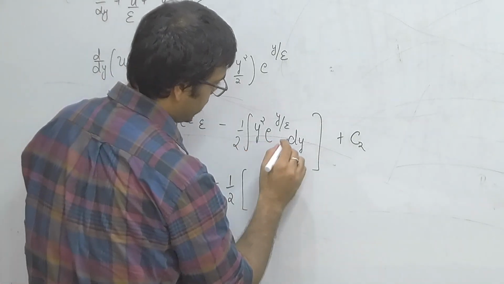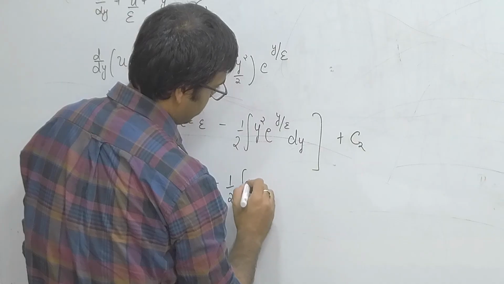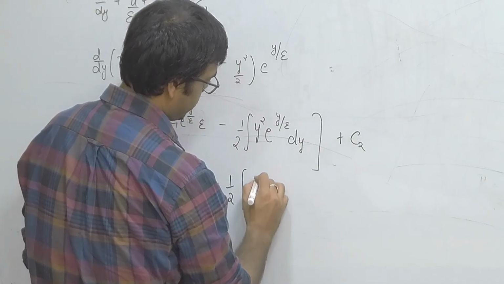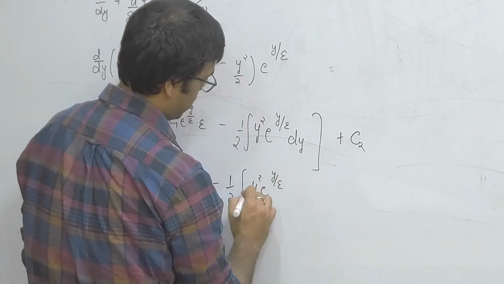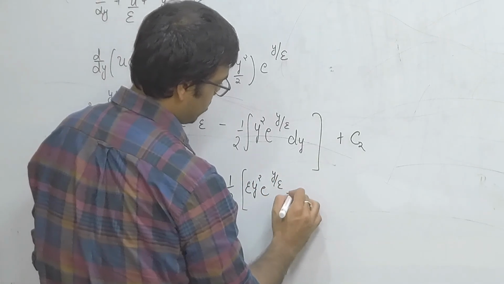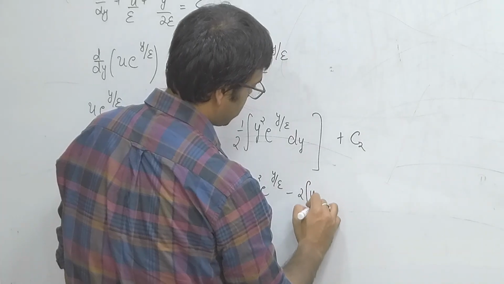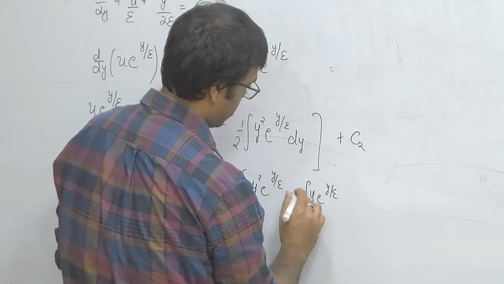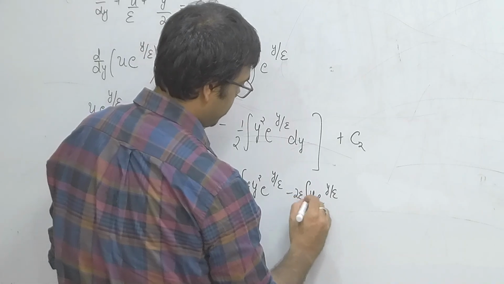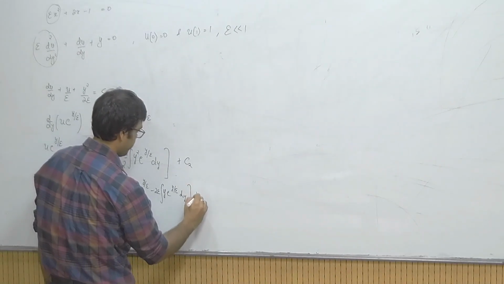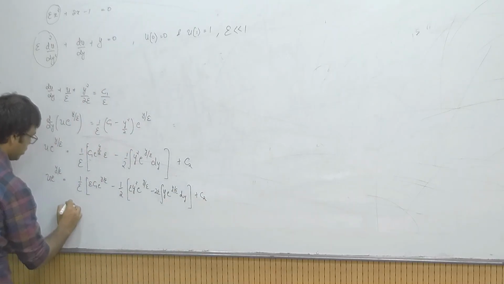We can calculate it using integration by parts. So we will have y square e to the power y by epsilon times epsilon, minus 2 times the integral of y e to the power y by epsilon dy, plus C2.